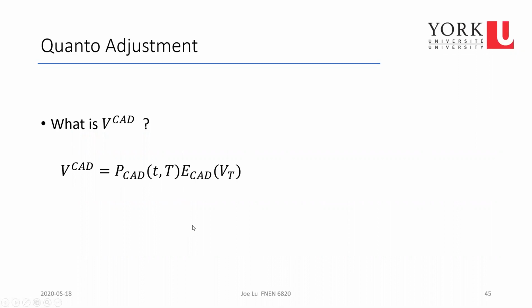So what is VCAD? Well, you look at it, you get a payoff in Canadian dollar at time big T. So this VCAD, if we express it in that equivalent martingale approach, can be done in terms of the zero coupon bond PCAD, the Canadian dollar zero coupon bond from little t to big T. Use that as numeraire, then the initial value here is equal to the discount factor times the expectation of this index value at time T, but the expectation is taken consistent with this zero coupon bond as a numeraire.